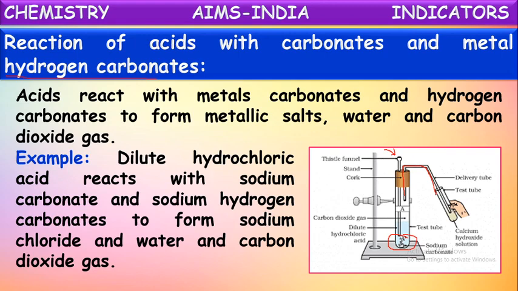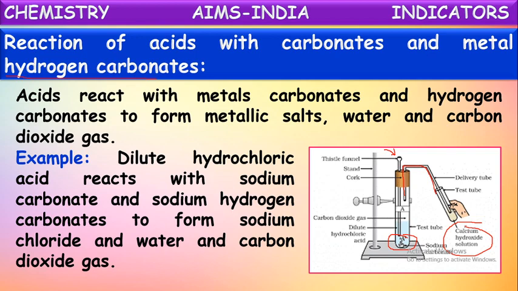This gas evolved can be tested with calcium hydroxide solution, which is commonly called lime water. We know the test for carbon dioxide with lime water. What happens when carbon dioxide is passed through this lime water solution? It turns milky.